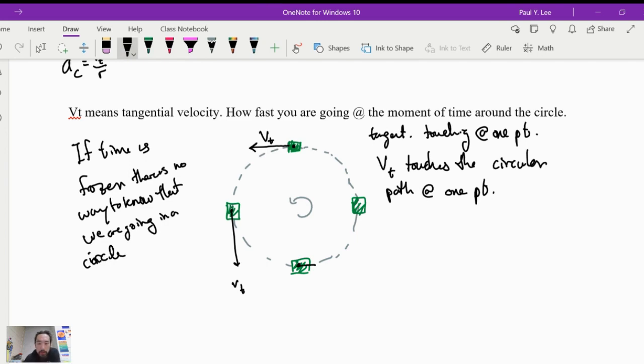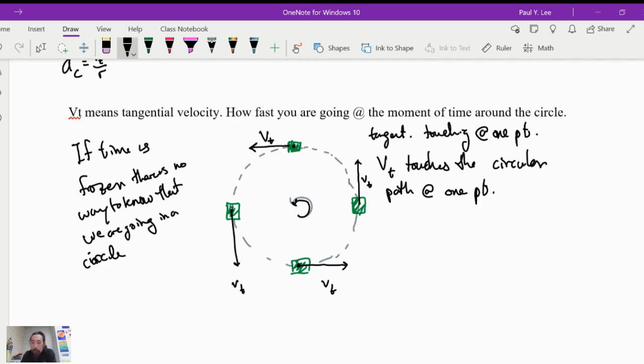When it's down there in the 6 o'clock position, it's going v sub t, and here it'll be going v sub t up. That's because we are going in a counterclockwise fashion. However, if we're moving in a clockwise fashion, all of the directions would be reversed. So the tangential velocity is how fast you are going in a moment of time as you are traveling around the circle. All right.